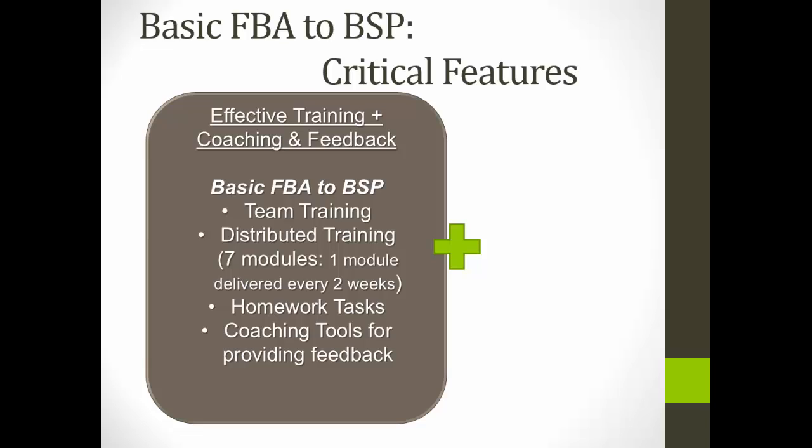And individualization is a challenging thing, and we need a certain level of expertise to be able to do that. And so we need to make sure that we're providing really good training and ongoing coaching and feedback to help people build fluency to be able to maintain those skills. So that's where basic FBA to BSP comes in.